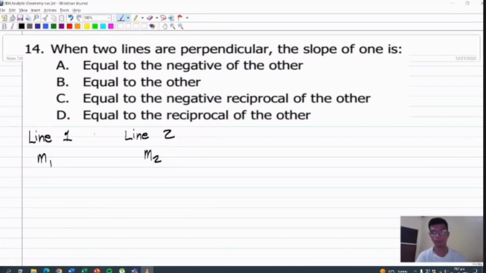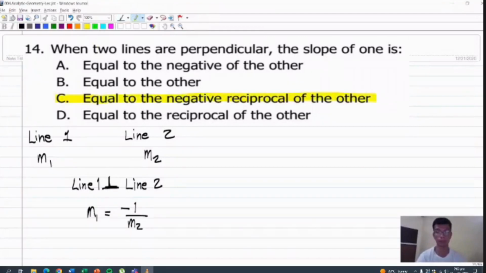So if line 1 is perpendicular, so ito yung symbol ng perpendicular, kay line 2, merong relation yung slope nila. And that is, slope number 1 is equal to the negative 1 over m, that is negative reciprocal of the other. Letter C, equal to the negative reciprocal of the other.